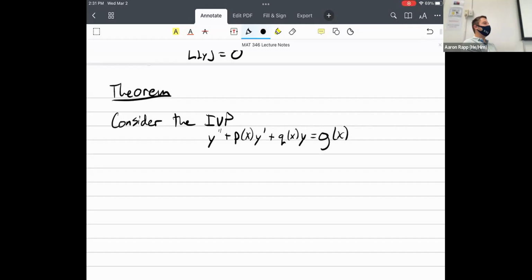In this case, I'm not even going to make it homogeneous. It could be homogeneous, but it could be not homogeneous. So I'm even opening you up to a wider class of differential equations.